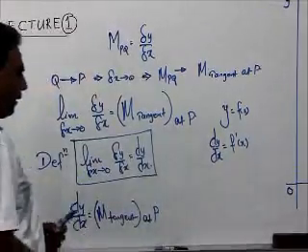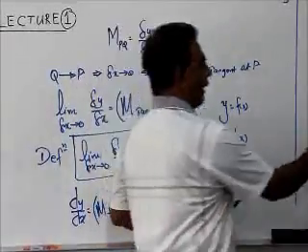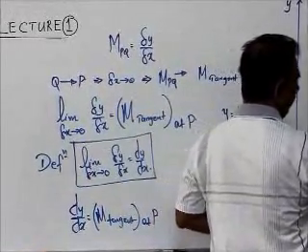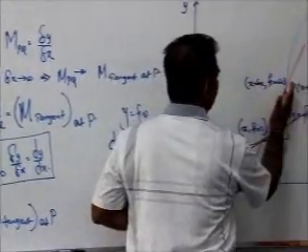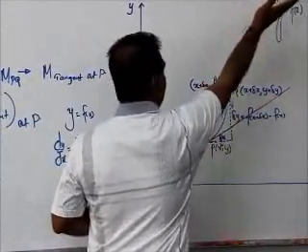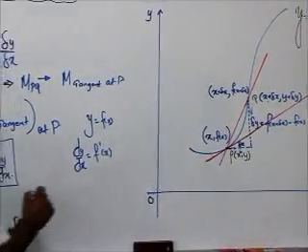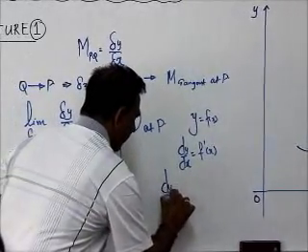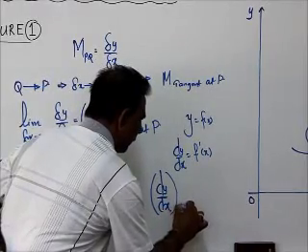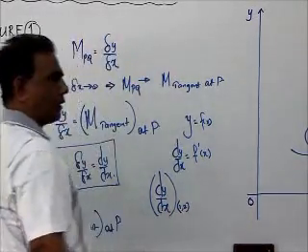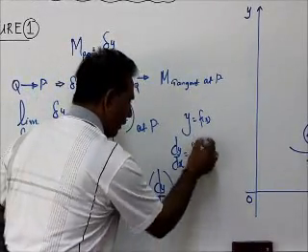That means it is the gradient at any point x comma y. If we change x comma y, this is the gradient, and like that the gradient will change. So that is the variable function. If we need a particular point, say dy by dx at 1 comma 2, then you have to substitute in this function.